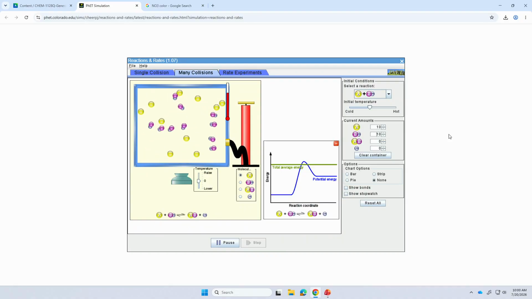Okay, so now what I'm looking for is a yellow against a purple and a gray that's all by itself. And I can see now that there's a gray that's all by itself. There's a couple more grays by itself. So by increasing the temperature, that is the only way that we're going to affect the rate of the reaction, because it allows more of the molecules to reach the activation energy.